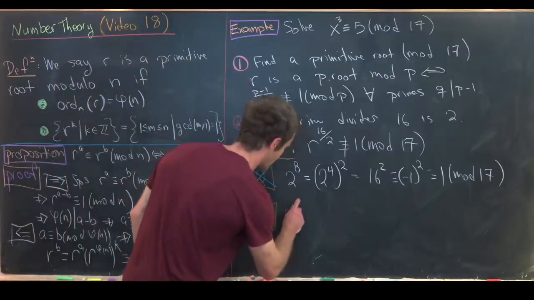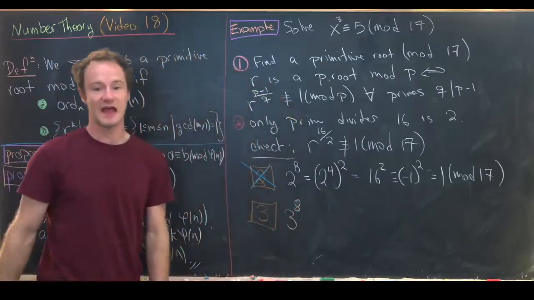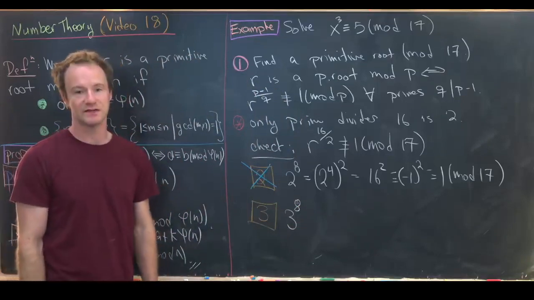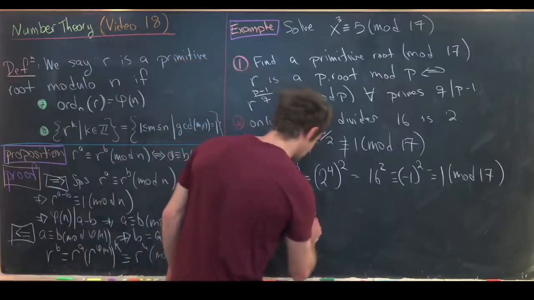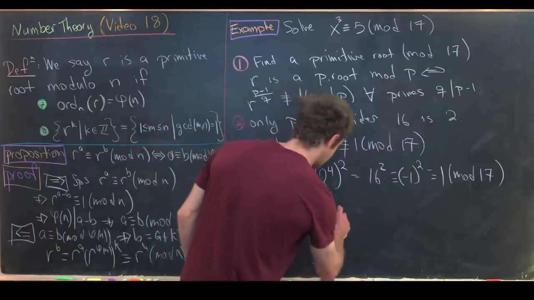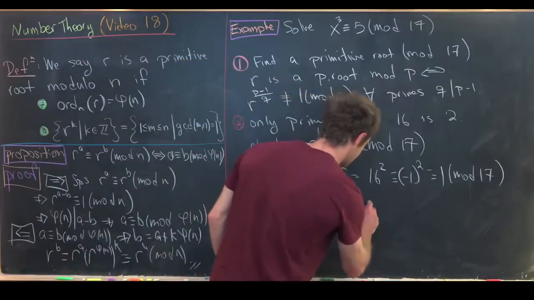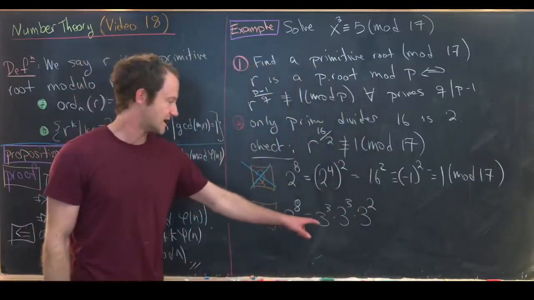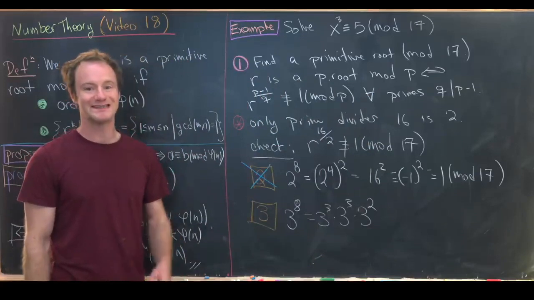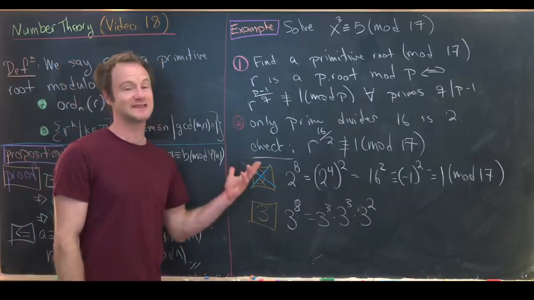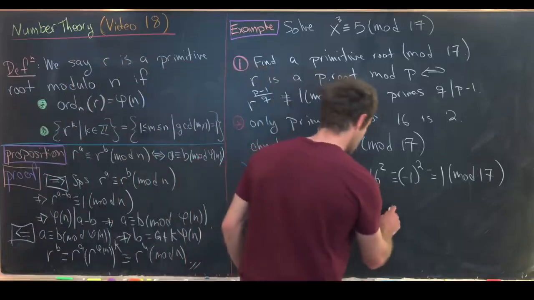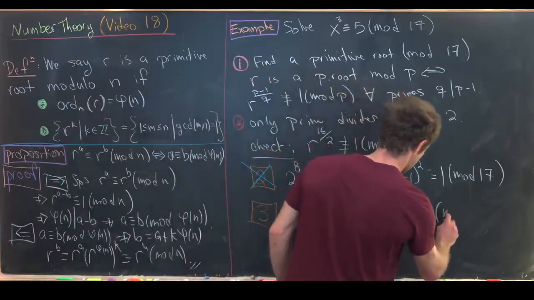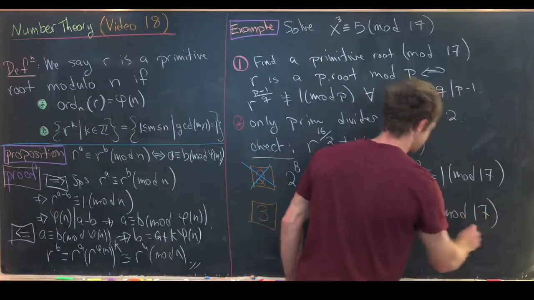So just as before, we need to calculate 3 to the 8. We hope that that is not congruent to 1 mod 17. So let's notice that that is the same thing as 3 to the 3 times 3 to the 3 times 3 to the 2. Okay, but notice that 3 to the 3 is 27, but 27 is the same thing as 10 mod 17. So this is the same thing as 10 squared times 9 mod 17.